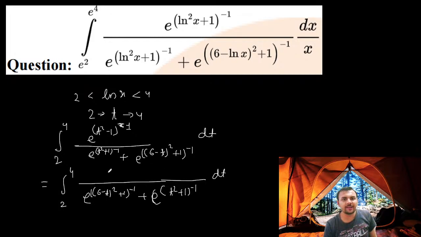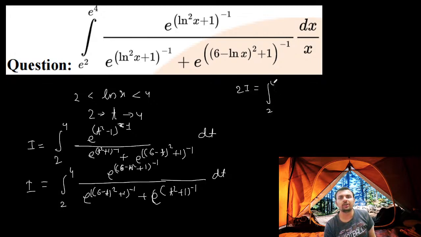And here we'll get e to the power 6 minus t whole square plus 1 to the power minus 1. Now this is I and this is I. If we add both of them, 2I is going to be integral from 2 to 4 of dt. So I is nothing but 1.